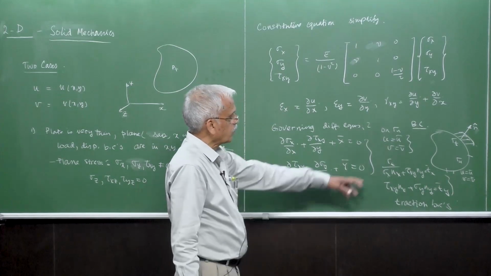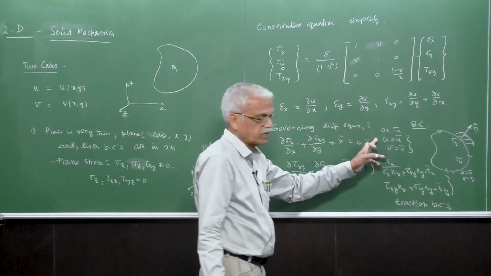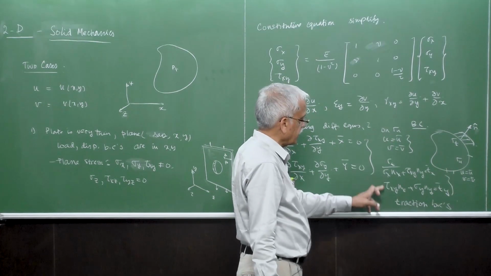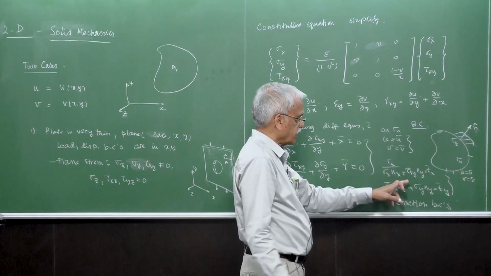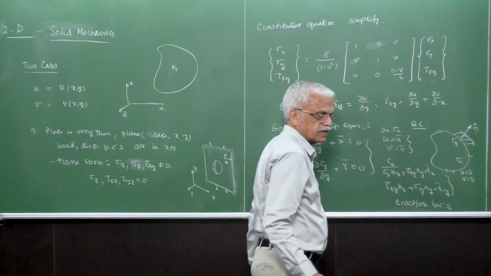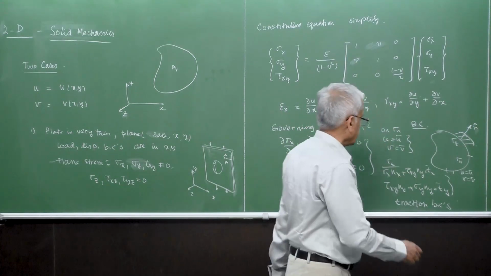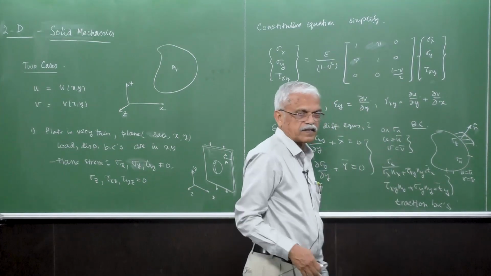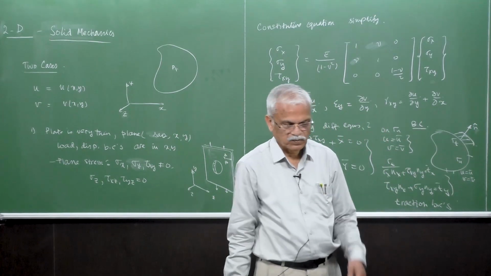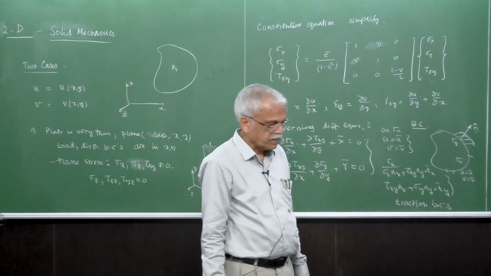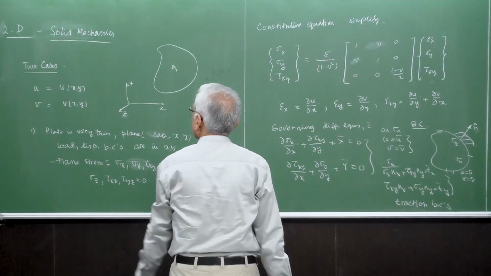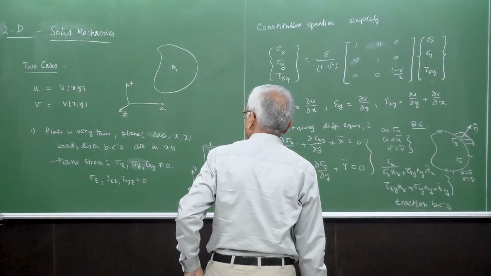Okay, so we have the displacement prescribed boundary condition on gamma u, part of the boundary, and on gamma t, the traction boundary conditions, Tx bar and Ty bar are defined, which are related to the stresses in this manner. Then the stresses can be written in terms of strains, and strains can be written in terms of displacements. Okay, that's the definition. This is the complete set of equations for the plane stress problem, right?